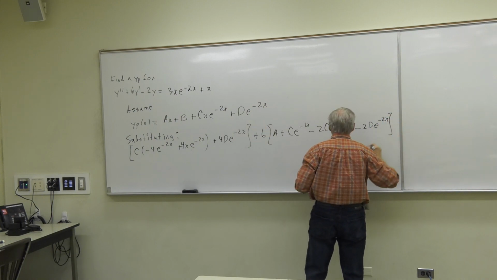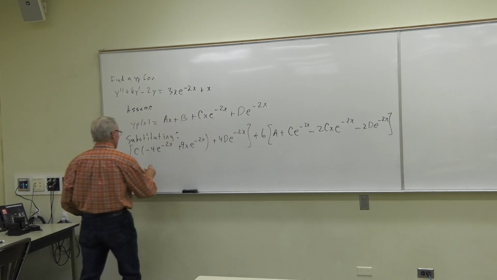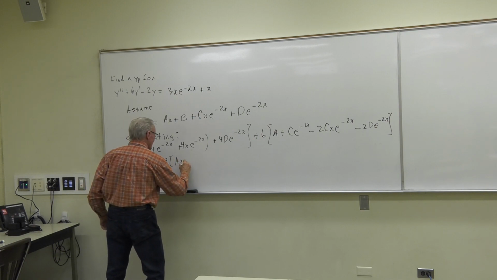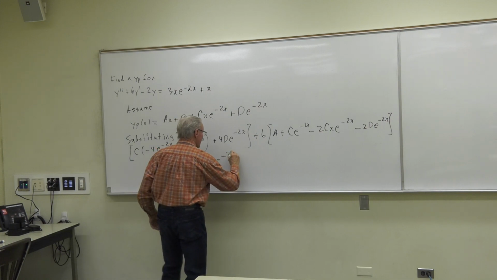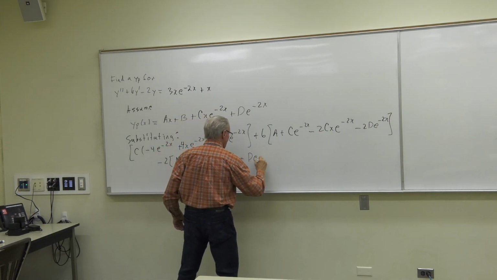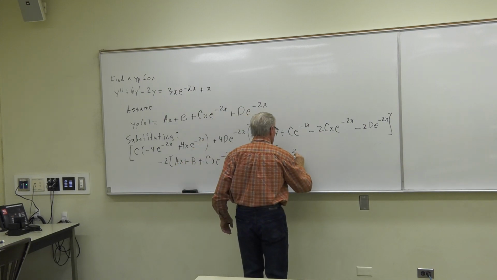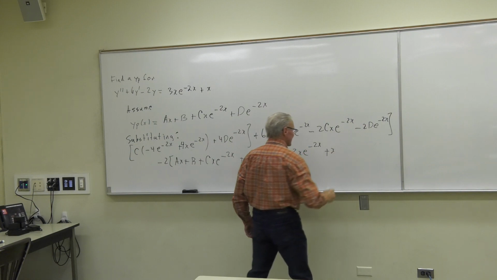How does that look for the first derivative? And then we finally need minus 2 times the function. That's supposed to be equal to 3x e^(-2x) plus x.